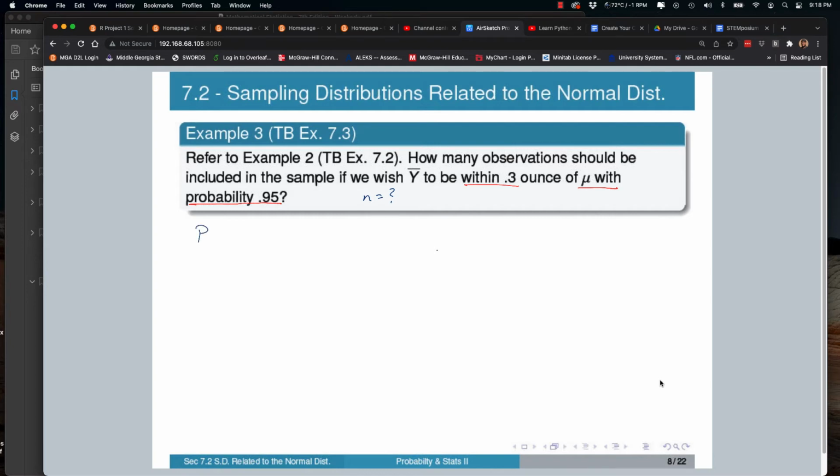So the same setup goes here. I'm going to write this over here a little bit, give me some room. The probability that the absolute value of y bar minus mu is less than or equal to 0.3 equals 0.95.